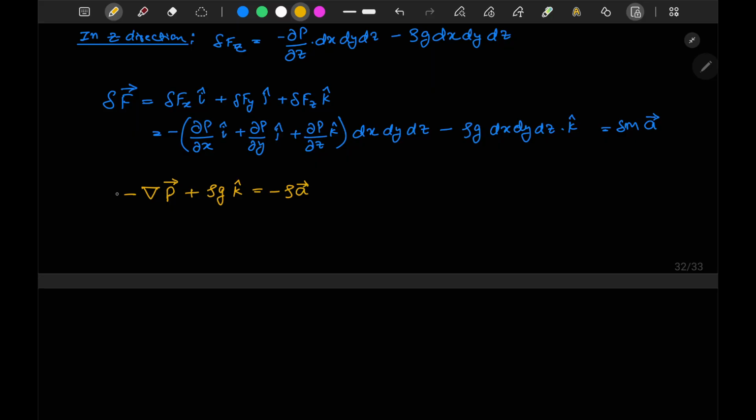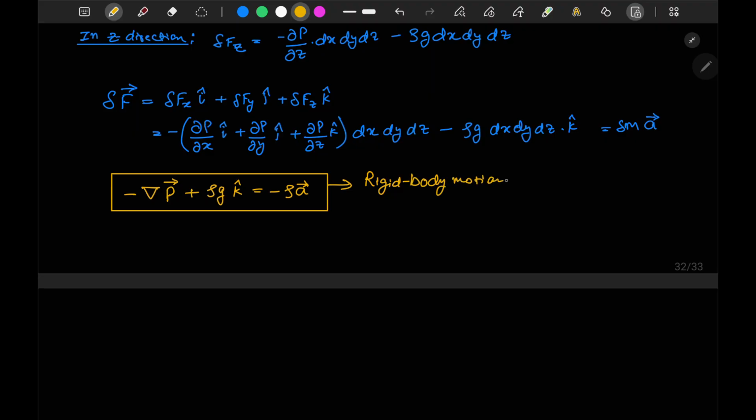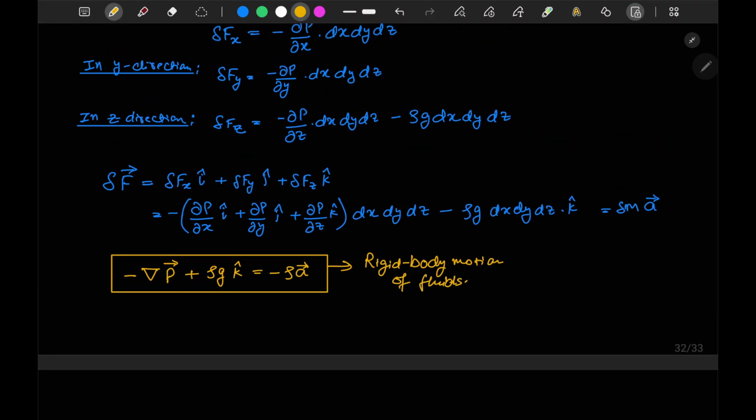So this equation is your equation for rigid body motion of fluids.